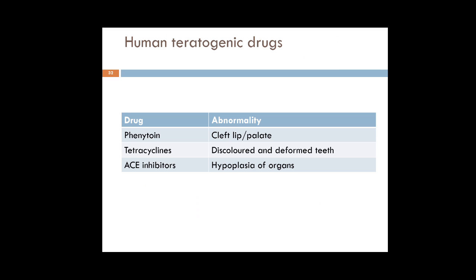The commonest drugs which cause teratogenic effects are phenytoin, tetracycline and ACE inhibitors. Phenytoin causes cleft lip or cleft palate. Tetracyclines cause discoloration and deformation of teeth, and ACE inhibitors cause hypoplasia of organs. Hypoplasia means decreased formation of organs.